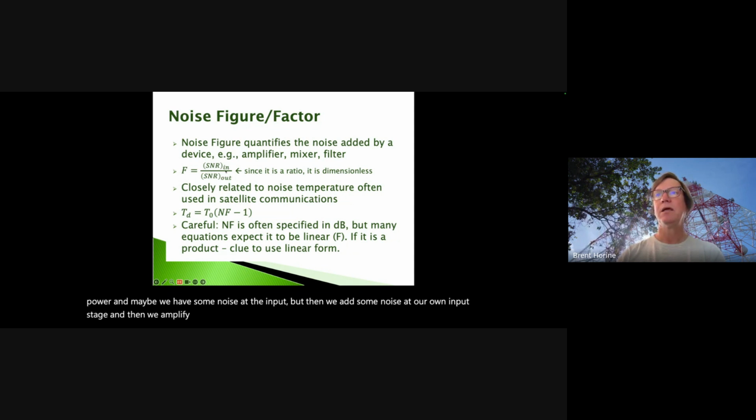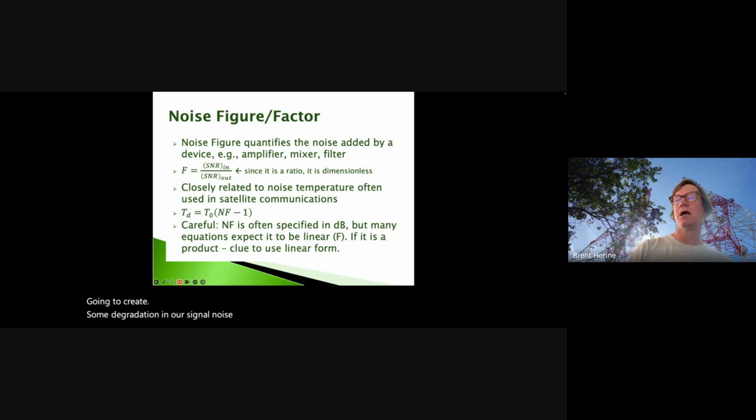But these are all amplified the same, right? So at the output, this noise is going to be larger relative to the signal than it is at the input. So this is going to create some degradation in our signal to noise ratio, right?